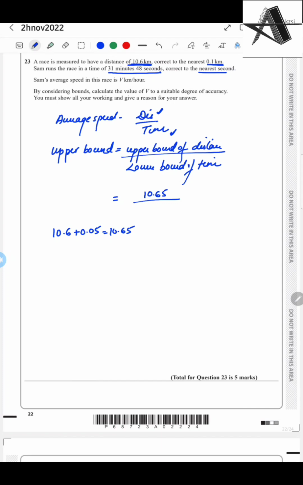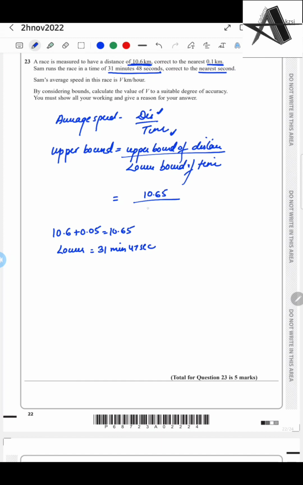Either you can convert the complete time into seconds or convert it into minutes, either way it will work. Since it says the nearest second, the lower bound will be 31 minutes 47 seconds and the upper bound will be 31 minutes 49 seconds.